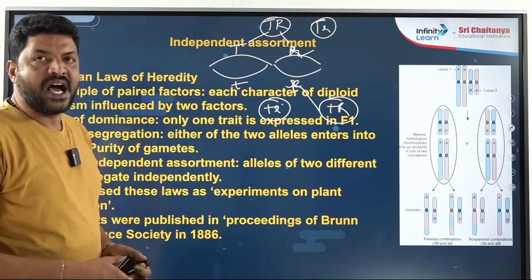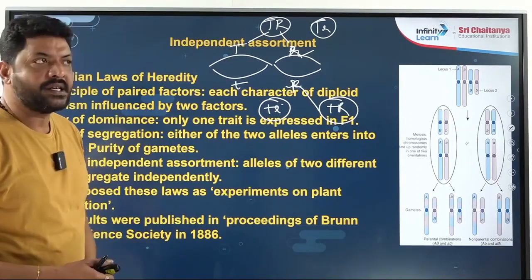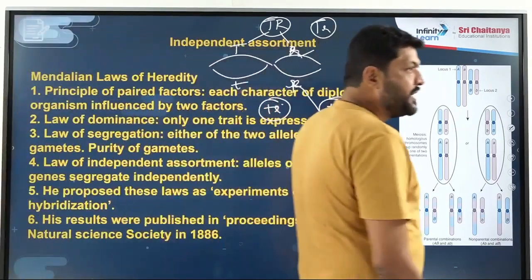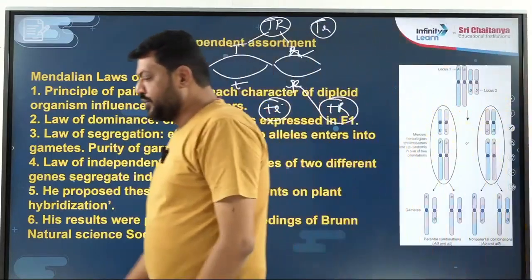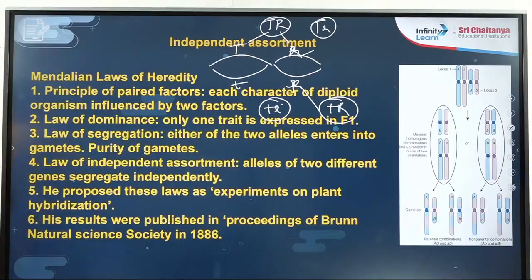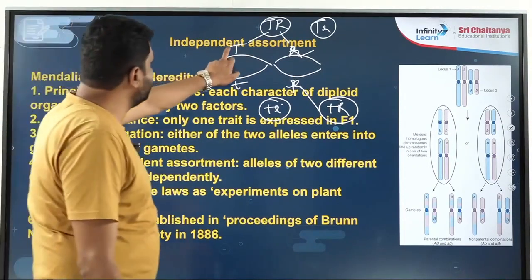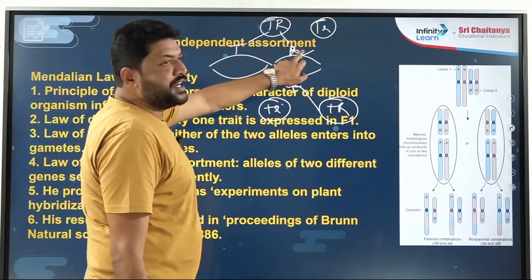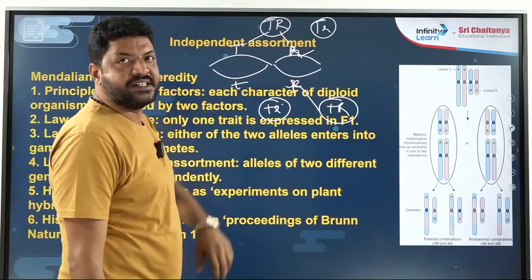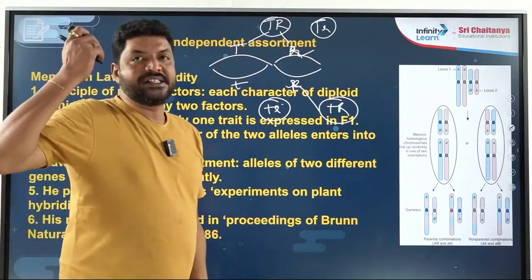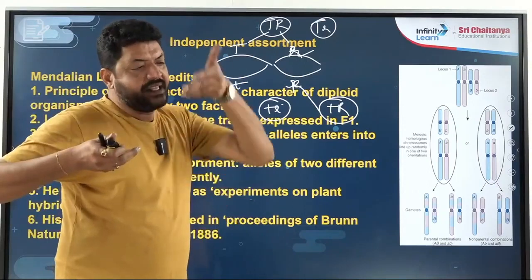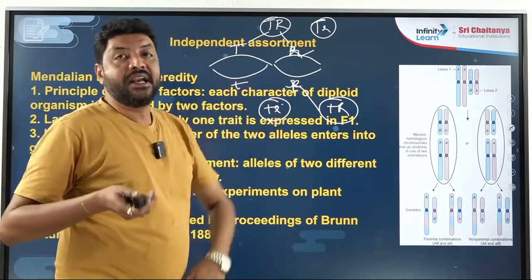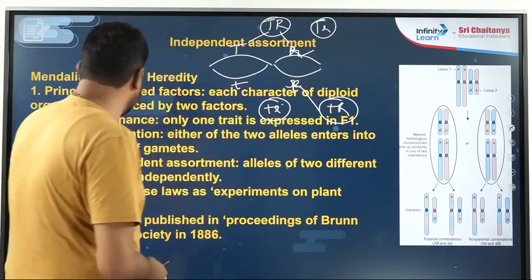So the law of independent assortment says if the genes are located on two different chromosomes, movement of one chromosome or one gene will not influence the movement of the other chromosome or other gene. This is called independent assortment. Along with capital T, either capital R or small r can go. This is called the law of independent assortment.